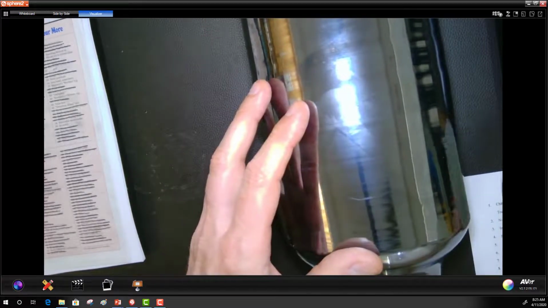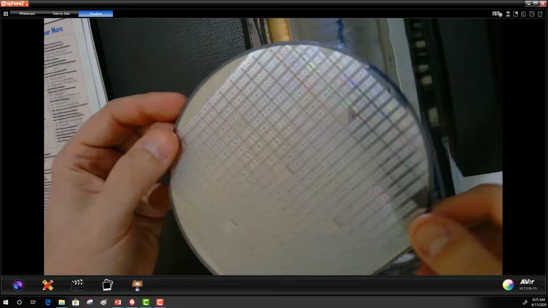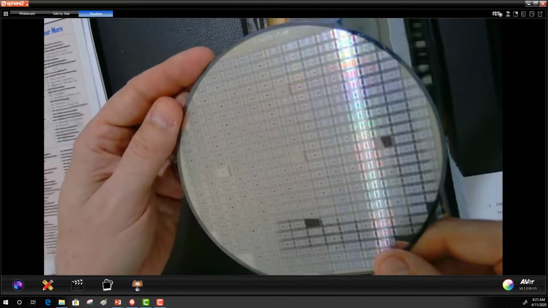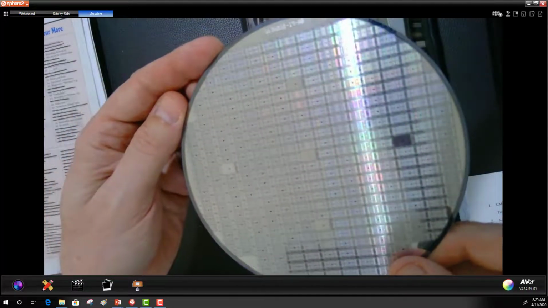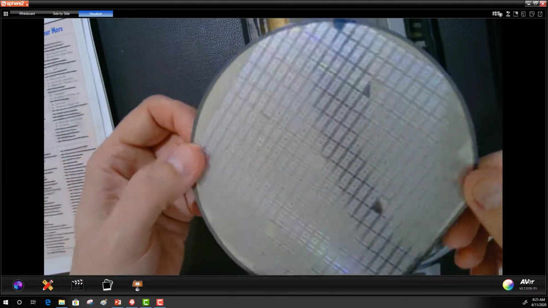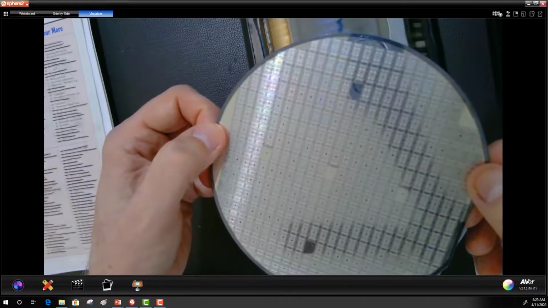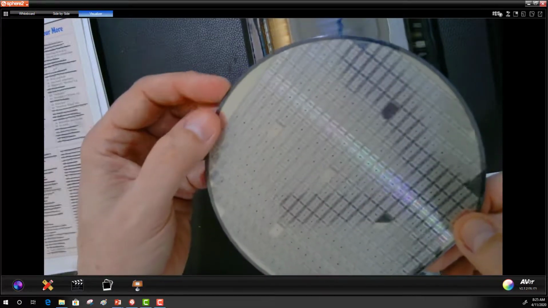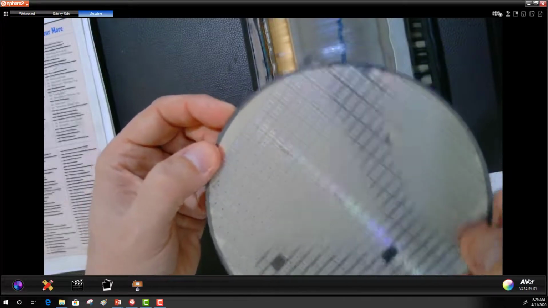In fact, here's a wafer that has the integrated circuits fabricated on it. See, all those little rectangles are individual integrated circuits. At the very end of the process, each of those little rectangles, called dies, are cut out, and then they become an individual IC.